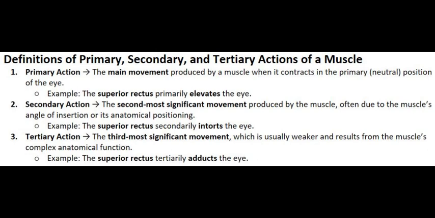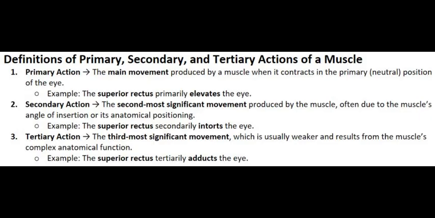Let's use the superior rectus muscle. The superior rectus muscle is located right at the top of the globe of the eye. And that means that when it contracts, it causes the eye to elevate. So the primary action of the superior rectus muscle is elevation. Now, the superior rectus muscle is not perpendicular to the eye.